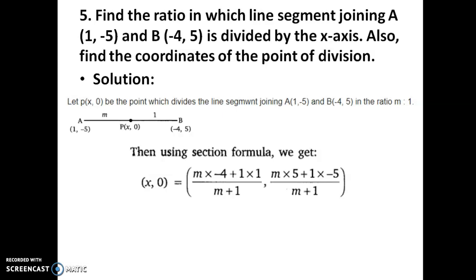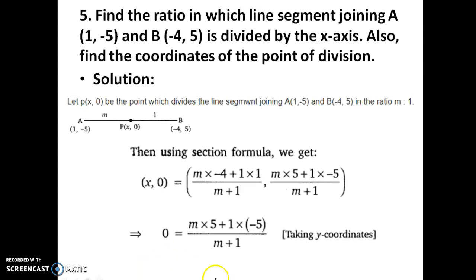Okay, then using the section formula, you will get like this. Substitute it in the section formula. Then for y, by taking the y coordinate, you will equate it to 0. This is the y coordinate in the formula, right? So this should be equated with 0.